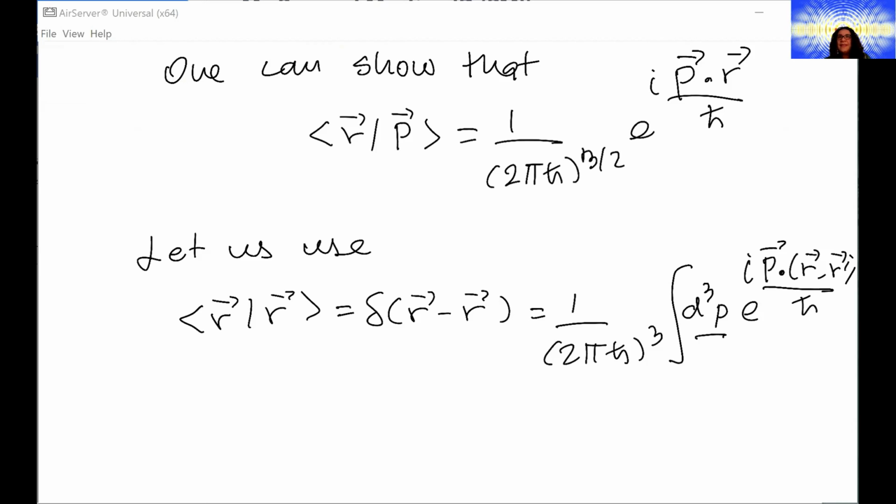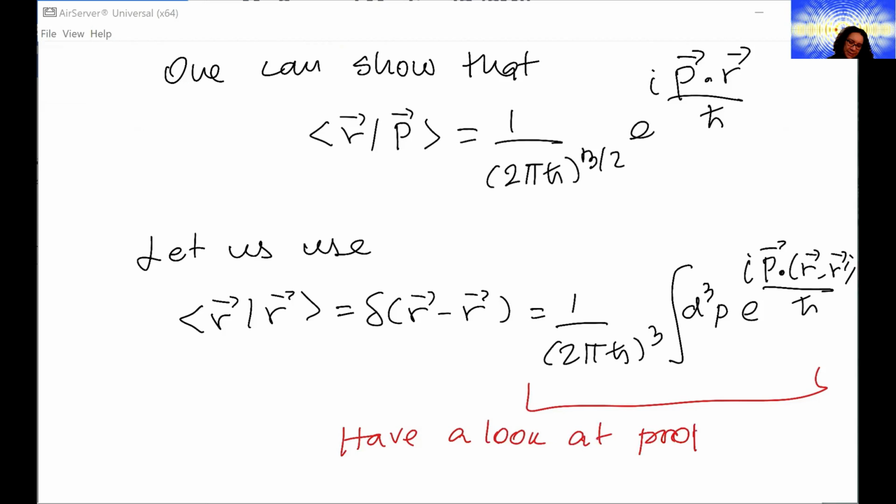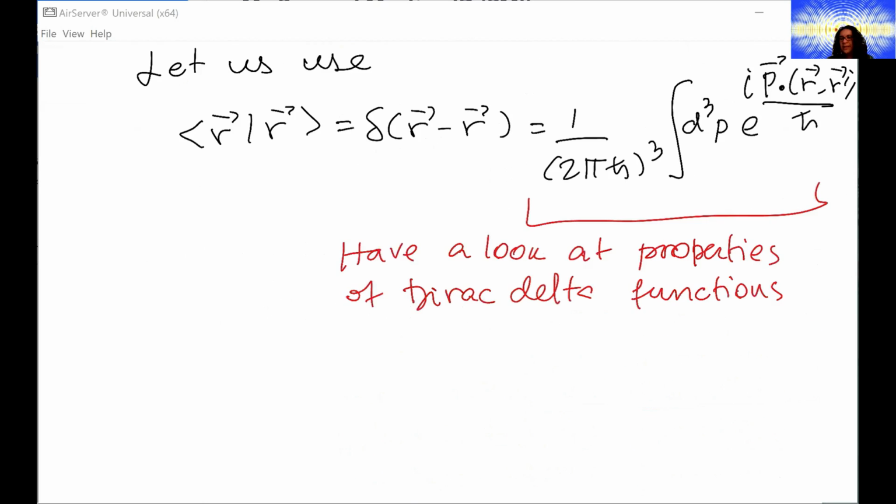Correct? If you are unfamiliar with properties of Dirac delta functions and you're struggling with that, have a look at them; it's something you find quite easily in the literature. If not, let me know or post a question. All right. So pretty much that's what we have.